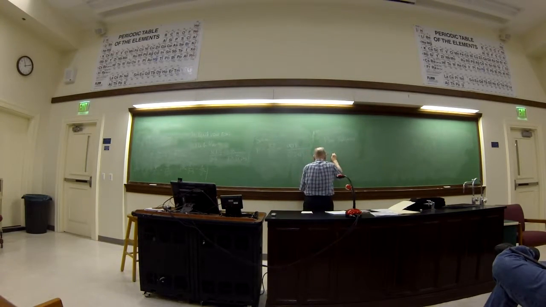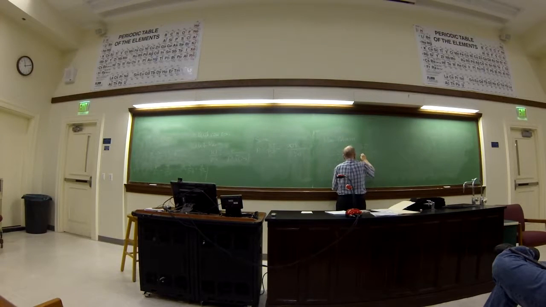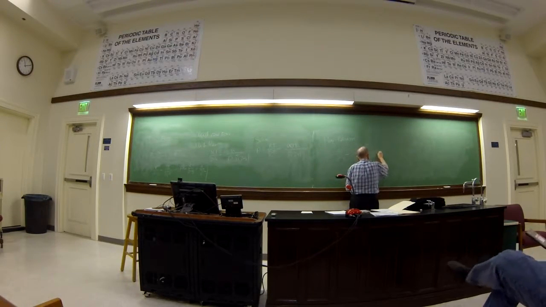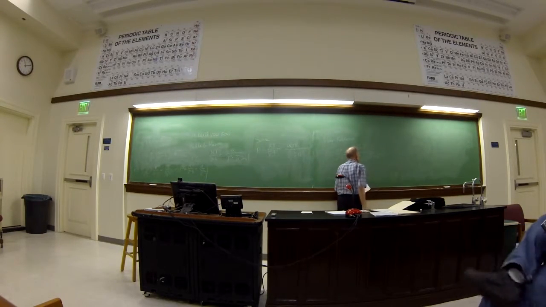One goes like this, it's RT over V minus b, minus a, and that is a function of temperature, a different function than in the Soave equation. And down here we have V squared plus 2bV minus b squared.